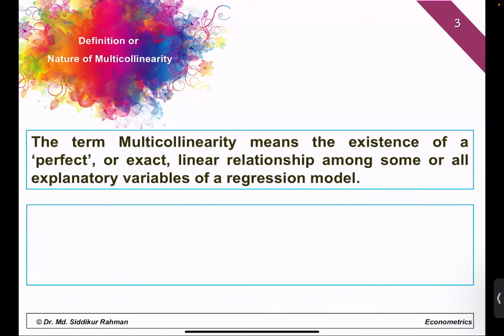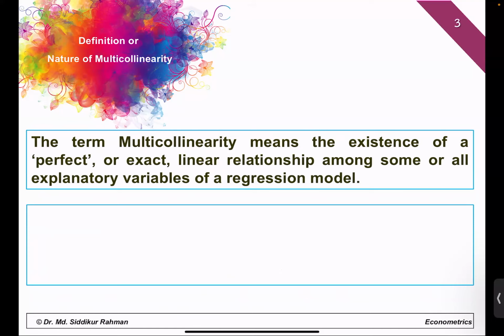If I define multicollinearity, the definition would be like this: the term multicollinearity means the existence of a perfect or exact linear relationship among some or all explanatory variables of a regression model, right?